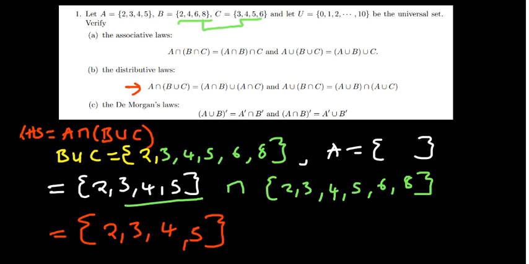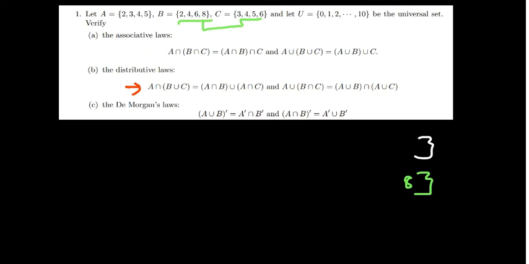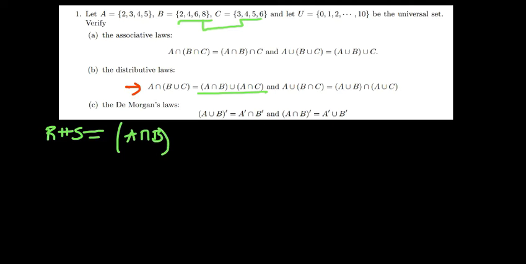So quickly go to the other side. Don't forget 2, 3, 4, 5, 6. We'll go to the right hand side. A intersection B. If you don't know how to remember these laws, I would advise you watch that video.